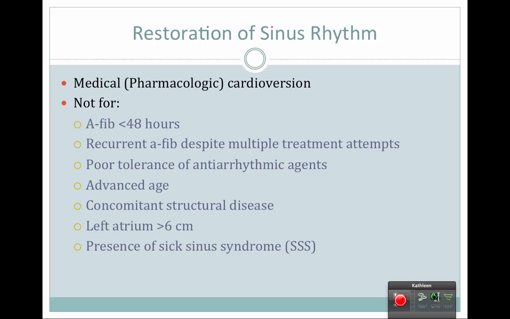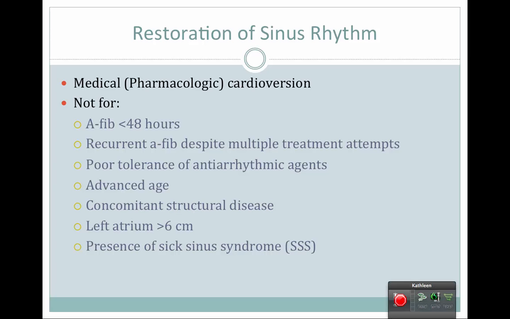Restoration of normal sinus rhythm can be medical, pharmacological cardioversion, and that's not for AFib that's less than 48 hours. Recurrent AFib despite multiple treatment attempts, poor tolerance of antiarrhythmic agents, advanced age, concomitant structural disease, left atrium greater than 6 centimeters, and presence of sick sinus syndrome.